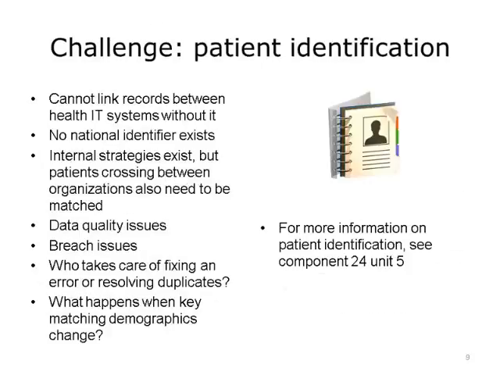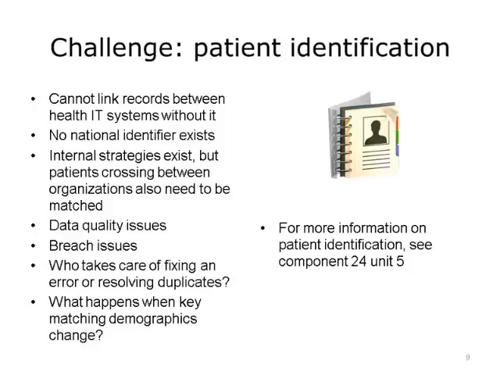A third challenge is related to matching patients. How does the system identify a patient? And then when exchanging information with other systems, how do the systems determine that they are communicating about the same patient? We cannot link records between health IT systems without matching patients.